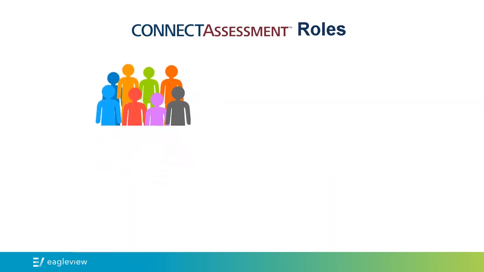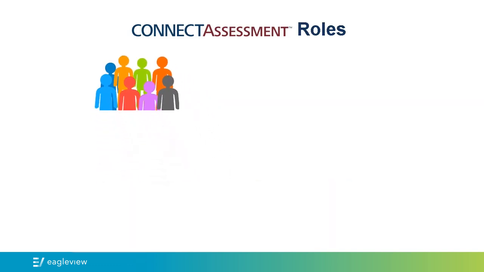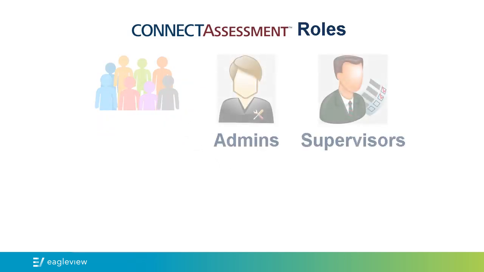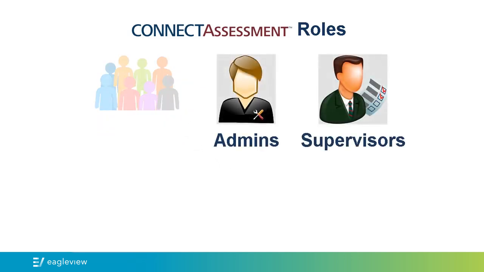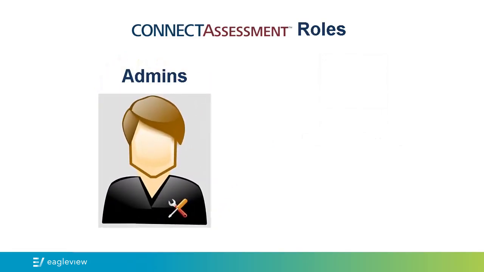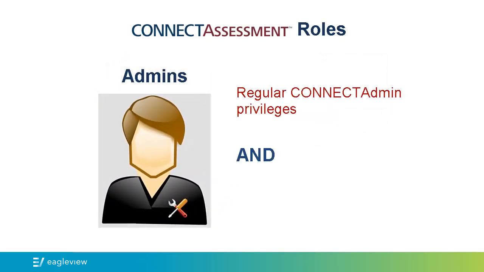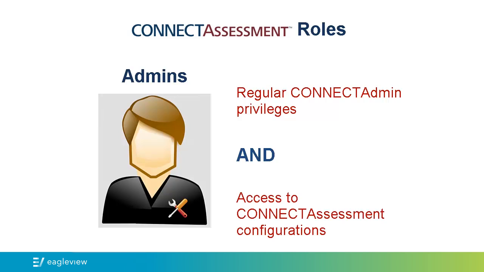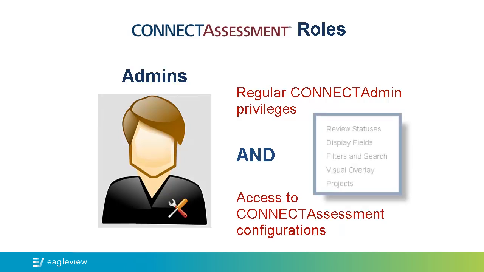The admin role can be subdivided into 2 types: Connect Assessment admins and Connect Assessment supervisors. A Connect Assessment admin has regular Connect admin privileges and access to the Connect Assessment configurations, such as setting review statuses, display fields, filters, searches, visual overlays, and projects.